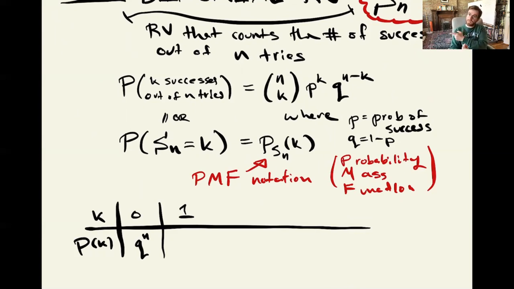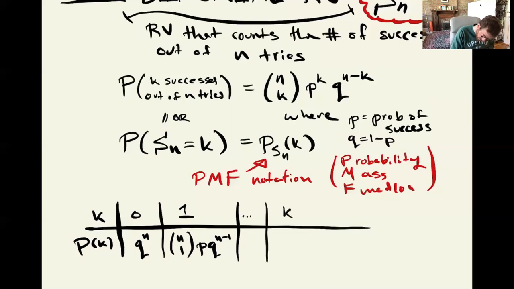If you consider the possible ways of succeeding 1 time, it turns out to be n. So that's equivalently n choose 1. And if we keep going and write down the general formula, we get exactly the thing that I just wrote above. So it's n choose k, p to the k, q to the n minus k.